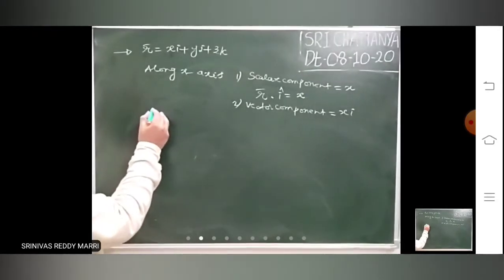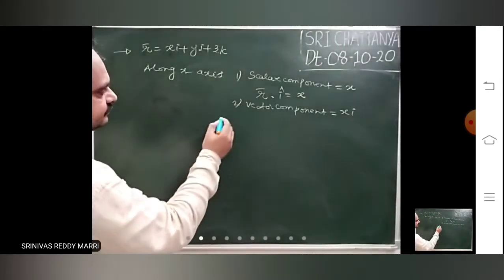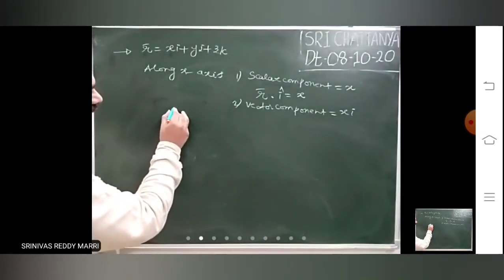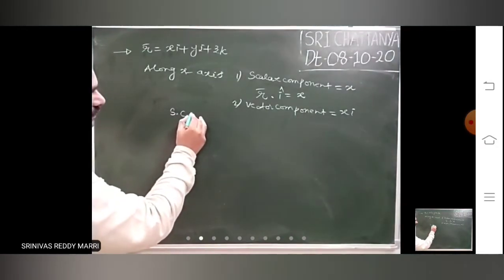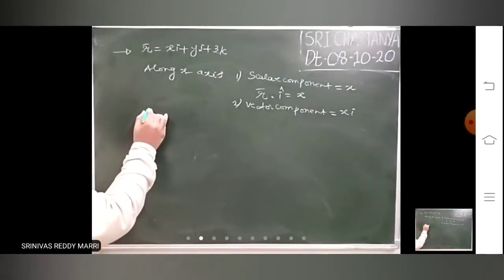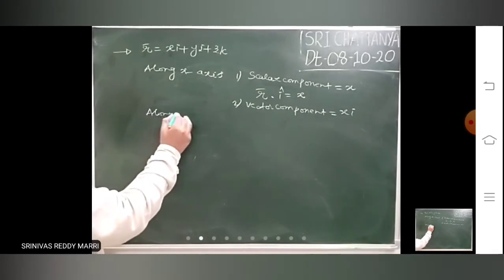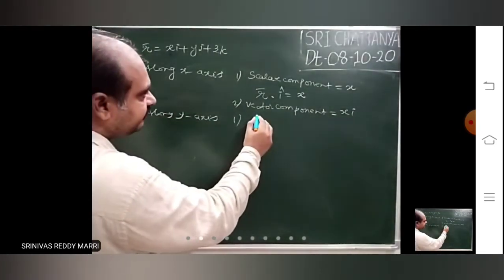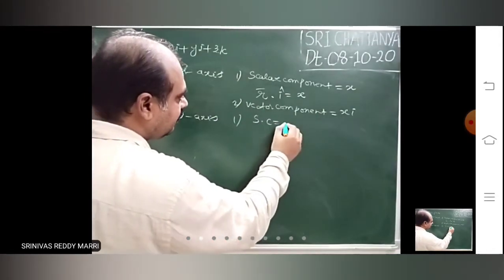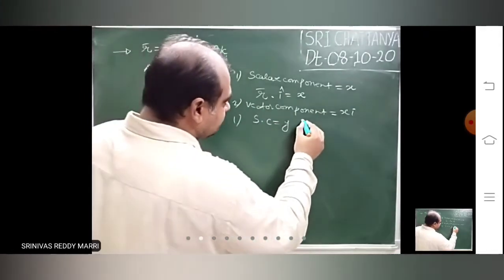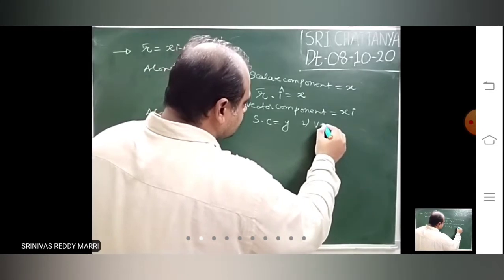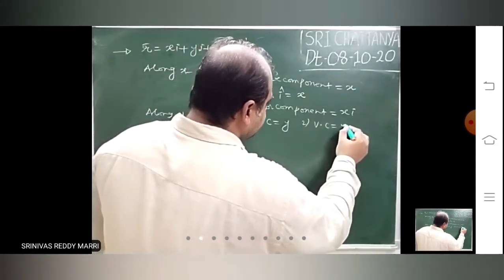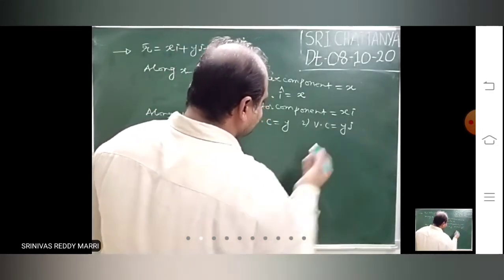So similarly, suppose scalar component along y-axis is nothing but y. Number two, vector component is nothing but yj.